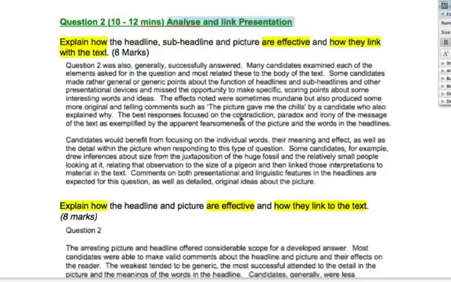So it's not just analysing the language, even though obviously contradictions, paradox and irony are all features of language analysis. It's how the picture links to them and makes that evident that is getting marks here. So remember that. Candidates would benefit from focusing on the individual words, their meaning and effect, as well as the detail within the picture when responding to this type of question.